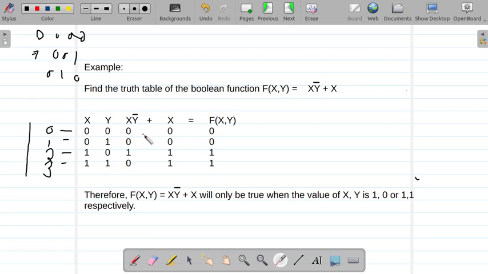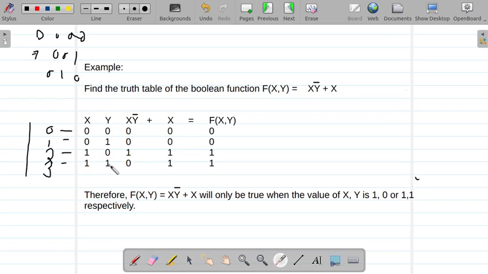Next, 0 multiplied by 0 is 0. Copy again the value of x. Then 1 multiplied by 1, because y is inverted as complement y, is 1. Then copy the value of x.